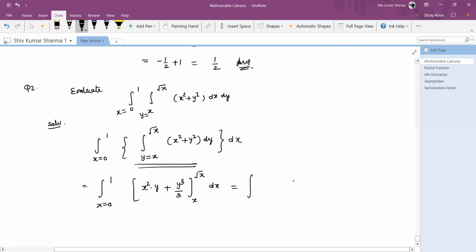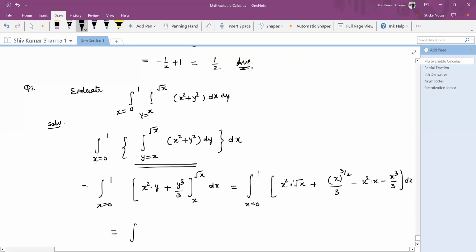So this gives us x equal to 0 to 1. When we apply the upper limit, we write x square into y, which means root x, plus y cube, and when we apply root x, this gives us x raised to the power 3 by 2, since the power of y is 3 and we have root x, upon 3, minus the lower limit. So this gives us x square into x minus x cube upon 3 into dx.